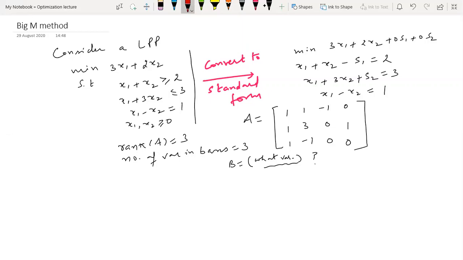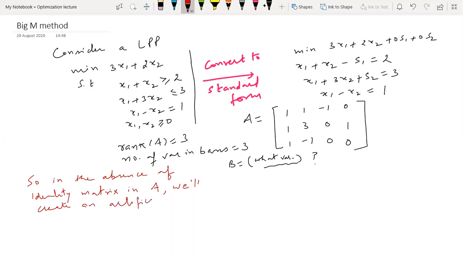So in the absence of an identity matrix in A, what we are going to do is create an artificial identity. How are we going to do this?